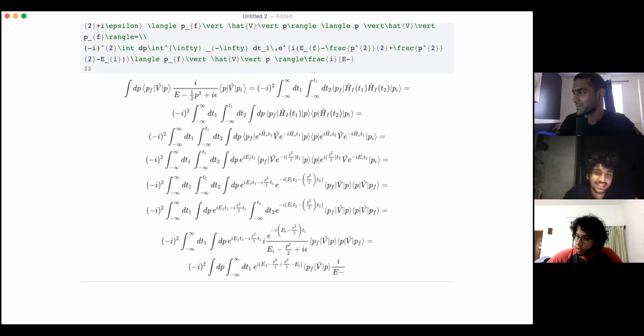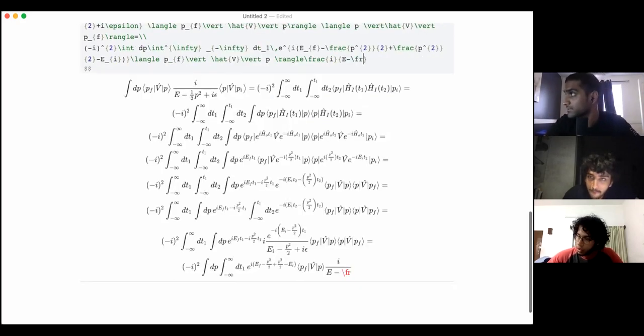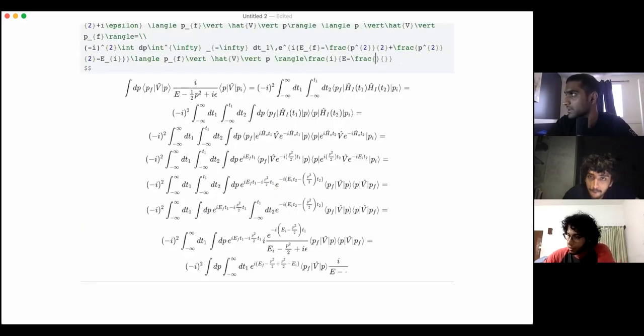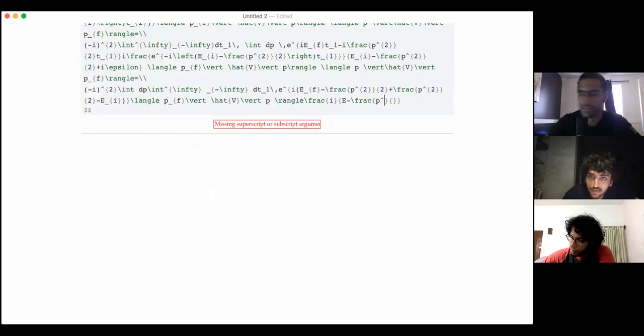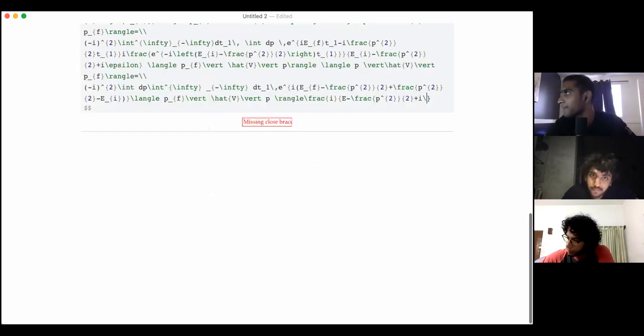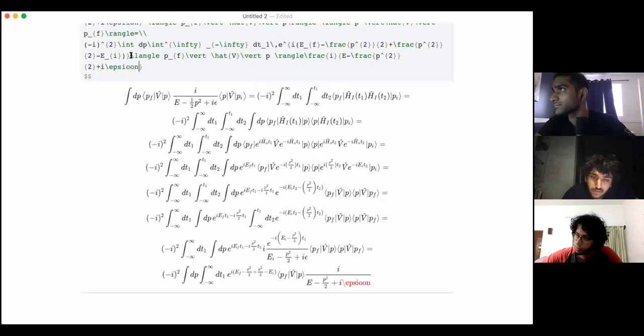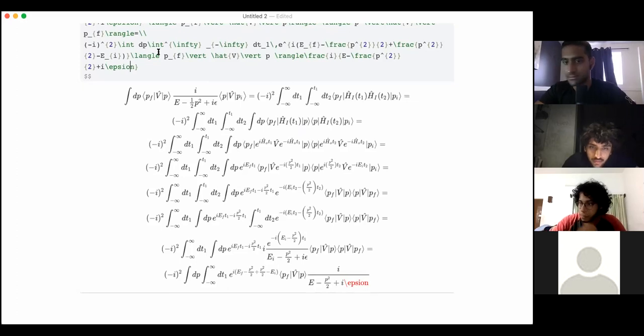And that'll be the same in quantum field theory, except you're going to be dealing with the free relativistic particle. Plus i epsilon.